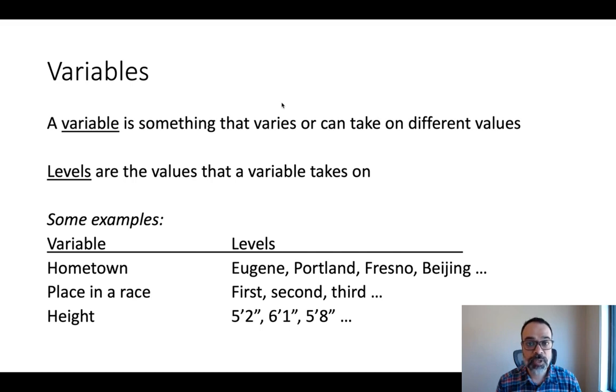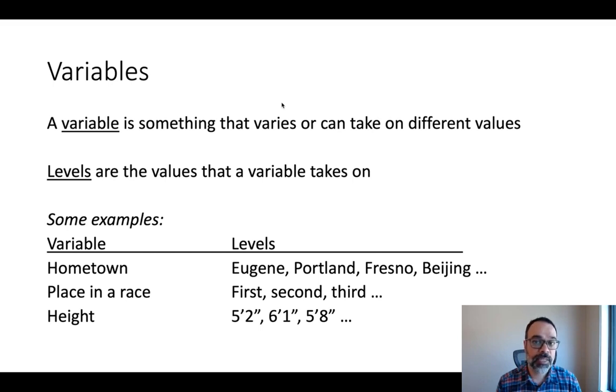So a couple things I want you to notice here, we're going to return to this in more depth later on, is that there's a couple ways that these variables can vary. That's a little meta, but some of them take on discrete values, so something like your hometown, it's just a value, Eugene, Portland, etc. Some of them are continuous, like your height.